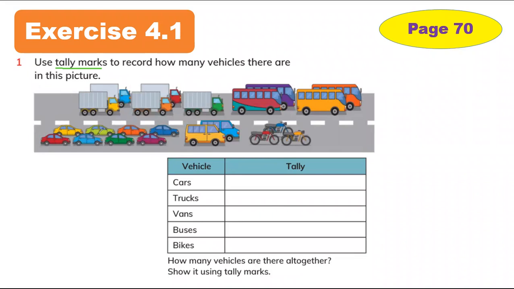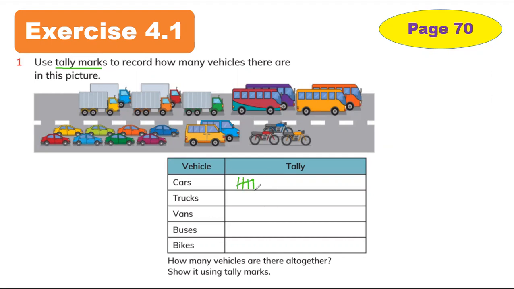1, 2, 3, 4, 5, 6, 7, 8. There are 8 cars. I'm going to make tally marks. So let's look at how to make the tally marks. Let's start. 1, 2, 3, 4, and the 5 will be the crossing one.